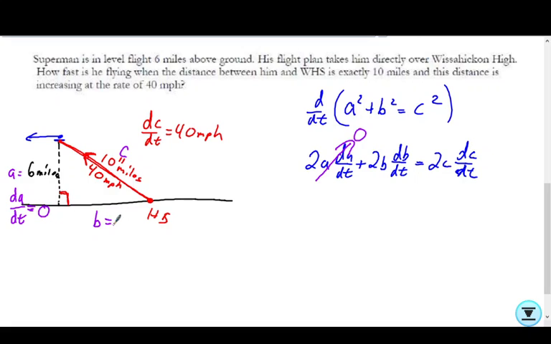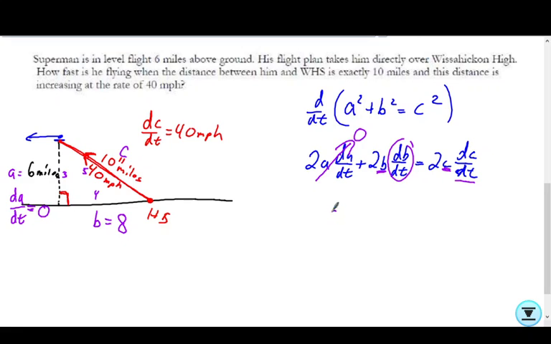Now, we need to find b. Well, that's a simple Pythagorean theorem problem. And you can see this is 6, this is 10, this is a 3, 4, 5. So this is 8. Or you could do Pythagorean theorem and find it. So we know b is 8. We're trying to find dB over dt. So now it's just in terms of plugging it in.